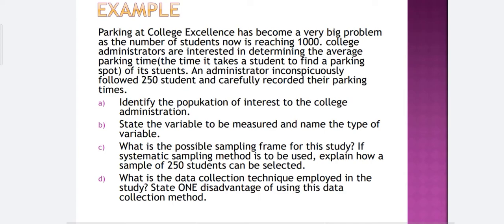Alright. So next step, after finding K, choose one number from 1 to 4. Let's say we choose number 3. So the third car that enters the parking gate will be the first sample. The second sample will be 3 plus 4. Every 4.